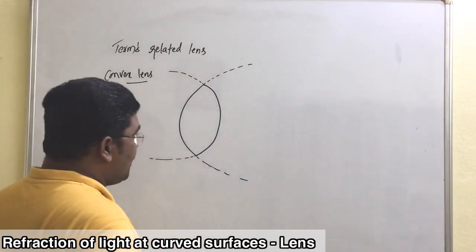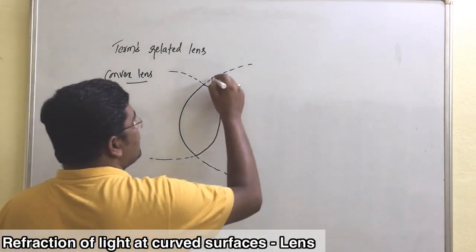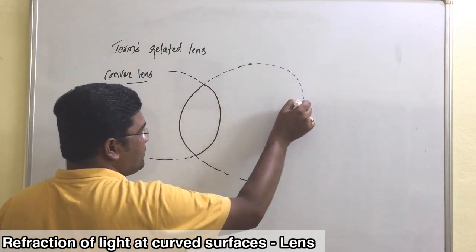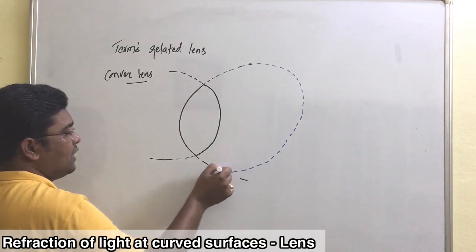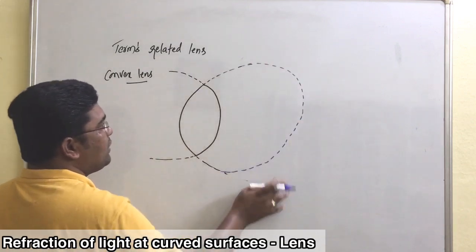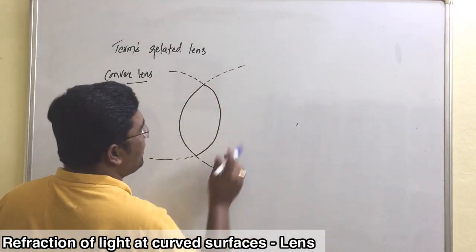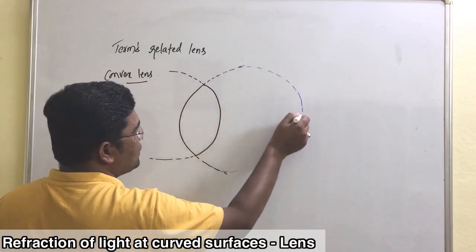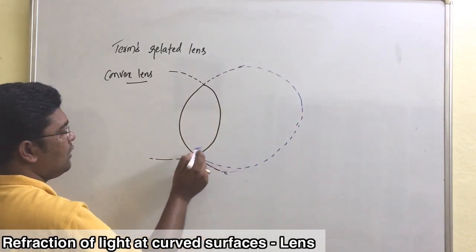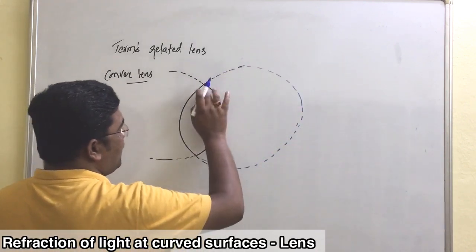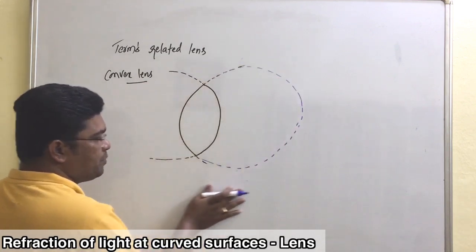Let us consider this part as a hollow sphere. It is not a hollow sphere, but please assume it, as it will help in the diagram. This part of the lens is prepared from a hollow sphere.